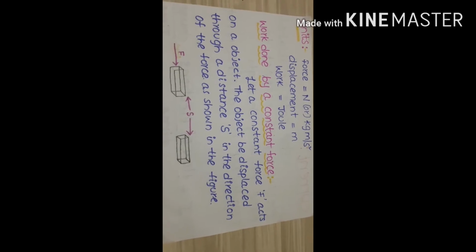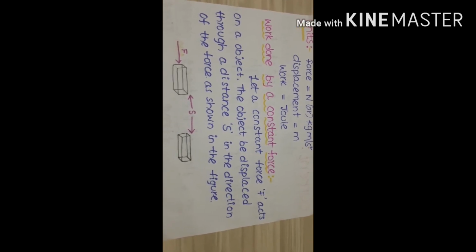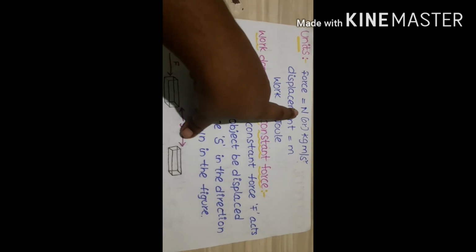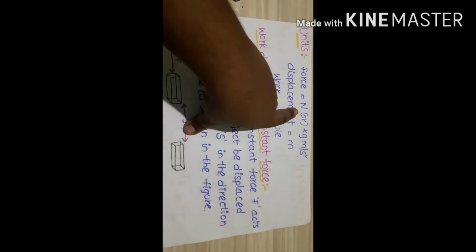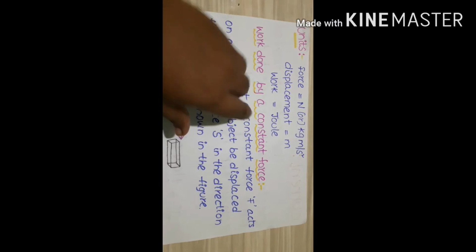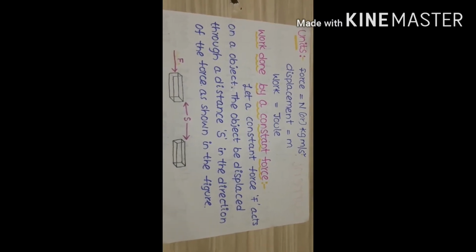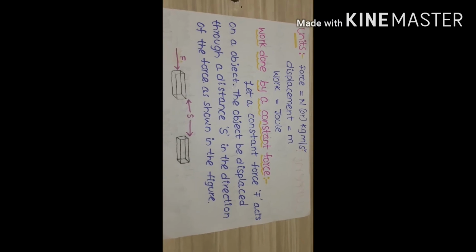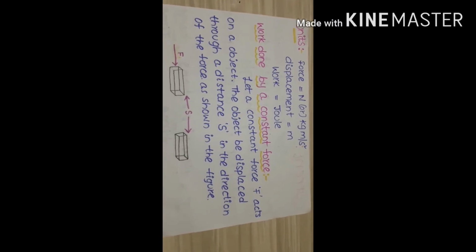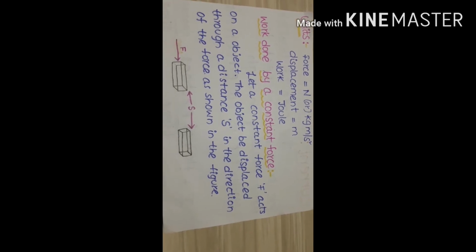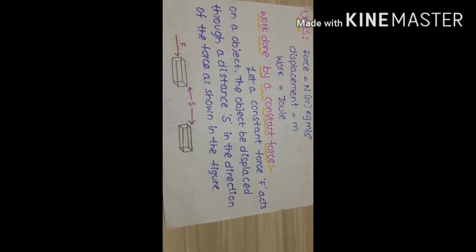So the unit of work is joule. Force has another unit, kg meter per second square, from Newton's second law, F is equal to ma, by substituting the units of mass and acceleration. So the unit of work is joule.